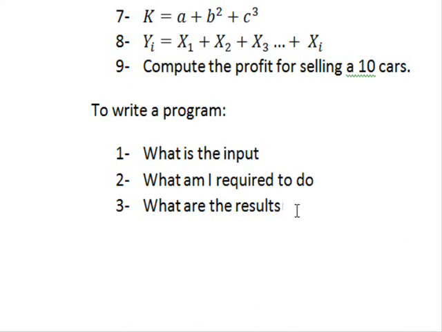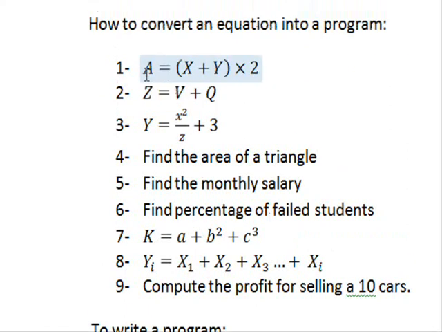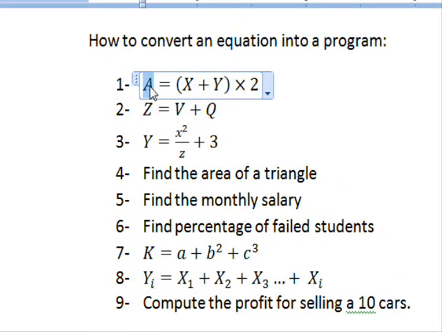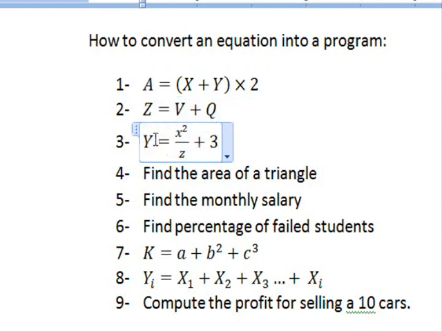Your program will be useless if you, for example, computed the sum of a million number and you didn't display that sum. So here, and in these simple examples, you need to display A to the end user, you need to display Z to the end user, you need to display Y to the end user, you need to display the area here.